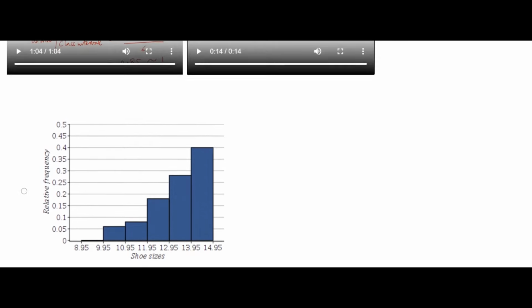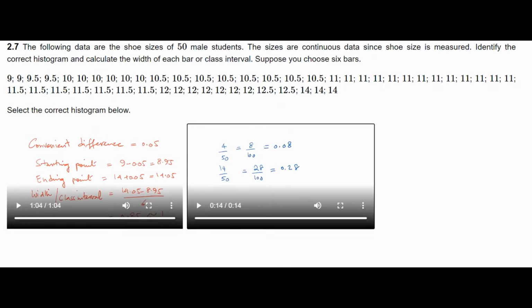So the fourth bar is the interval starting from 11.95 ending at 12.95, so it includes all the numbers starting from 12. So we go back to the data and start counting the numbers starting from 12. So 1, 2, 3, 4, 5, 6, 7, 8, 9. There are 9 numbers out of 50 that start from 12, and 9 out of 50 would mean 18 out of 100.